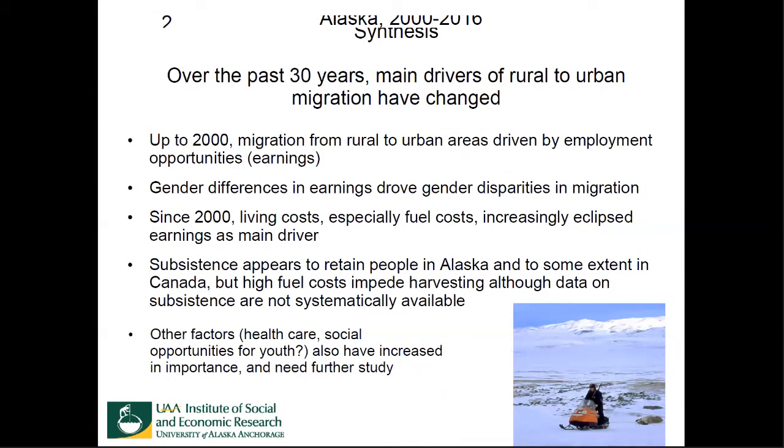So just to summarize and synthesize what we've learned over this period, we've seen that the main drivers of rural-urban migration have changed, while the flows, the migration itself, continue similarly. It hasn't changed very much, but the reasons people are moving, which affect where they're moving from and to, and who's moving, have changed.